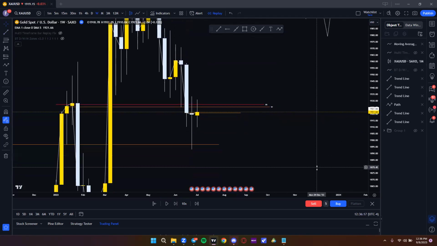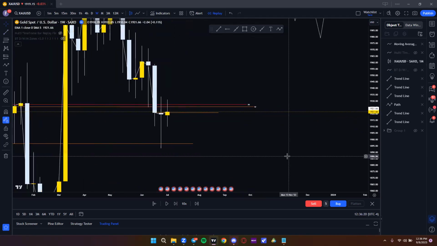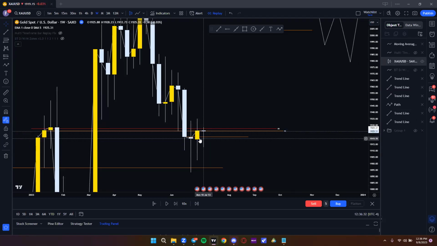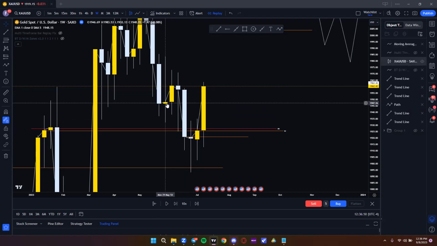So that kind of initiates the idea that a pullback is going to be in play after the monthly breakout. You can see slowly this candle doing its thing, right? The candle closed, created a type 1. The following week, this level gets rejected, and then it pushes up. And then where does it go to? It didn't go to our breakout level, it went to our source level.